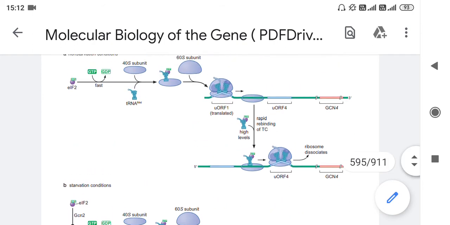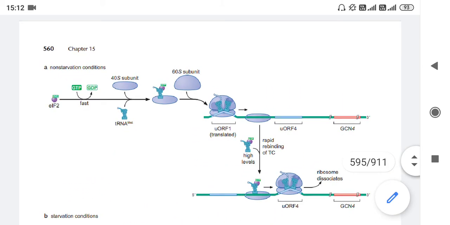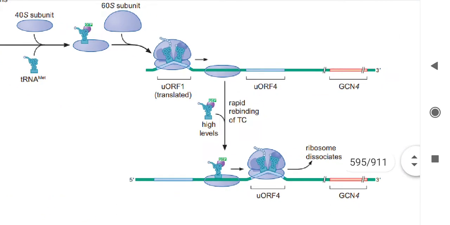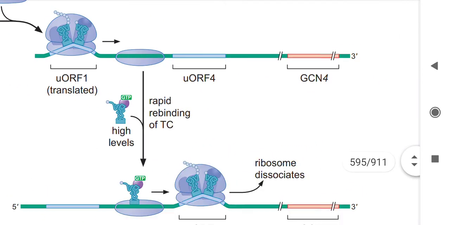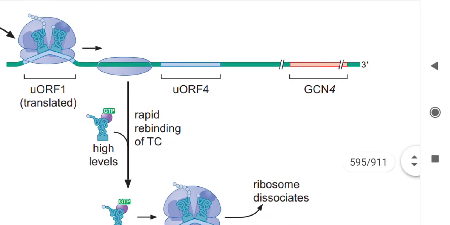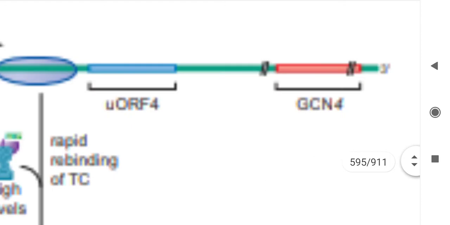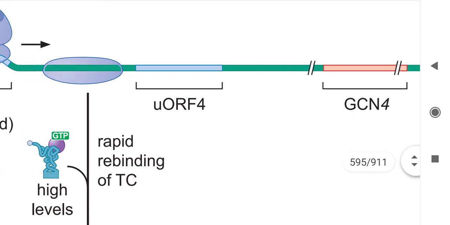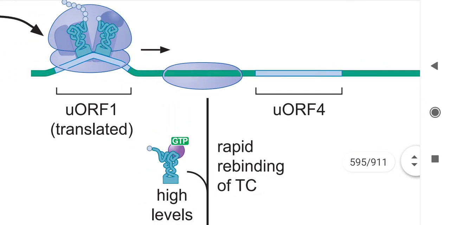Okay, so here we can see the GCN4 open reading frame. Here you can see the mRNA having the main open reading frame for GCN4, and upstream to this there are some upstream open reading frames which are observed here.